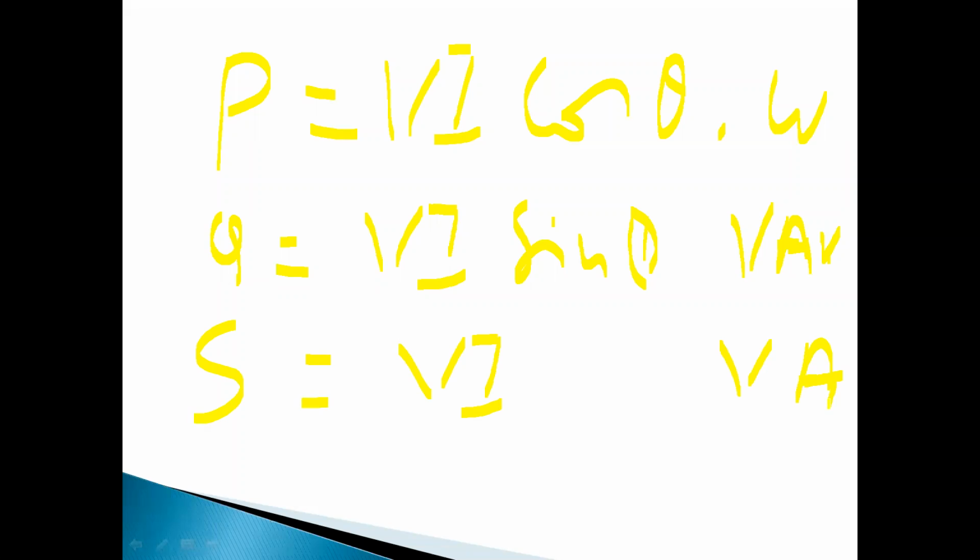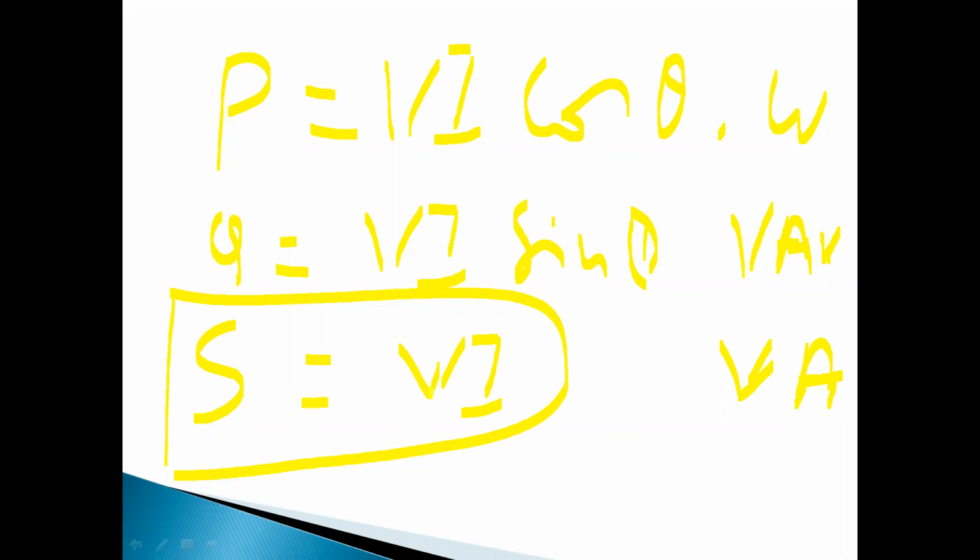So we have three powers: watts, var, and volt amperes. When the transformer rating is expressed in volt amperes, it is the apparent power: kilovolt amperes (kVA) or megavolt amperes (MVA).